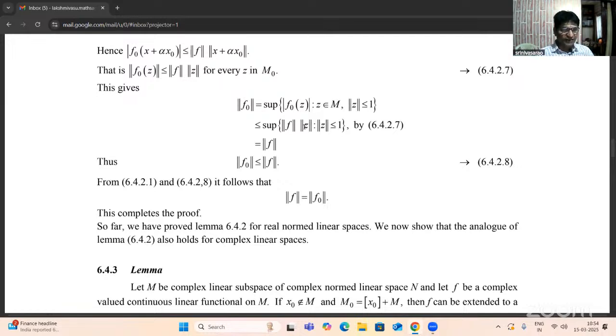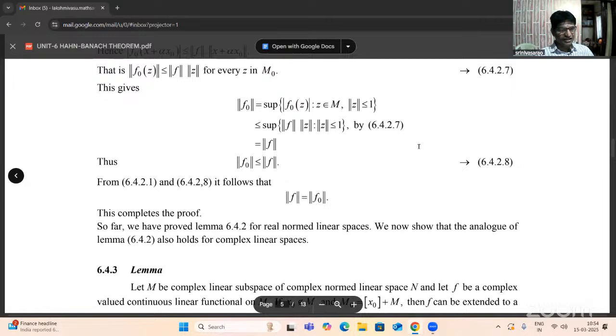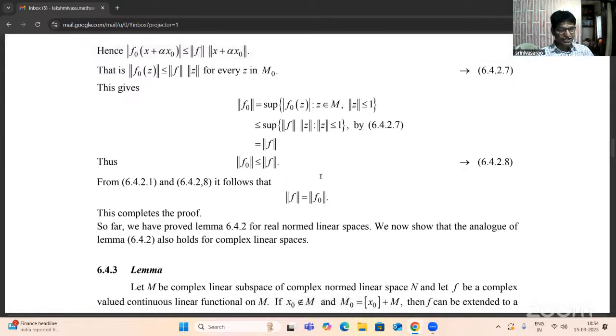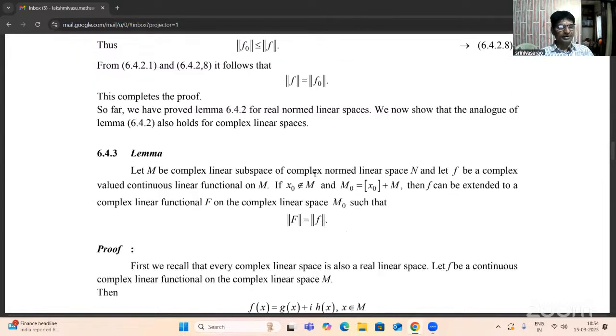So mod f of z means mod f into mod z. By the definition of the norm, the supremum of mod means the norm f. So finally, norm f naught is less than or equal to norm f. So that is the eighth equation. From the first and the eighth equation, norm f equals norm f naught.